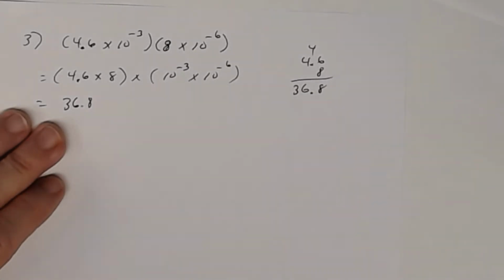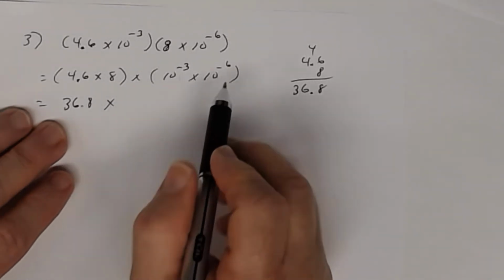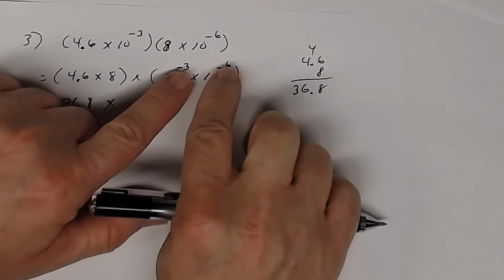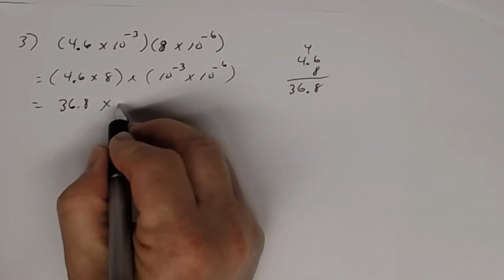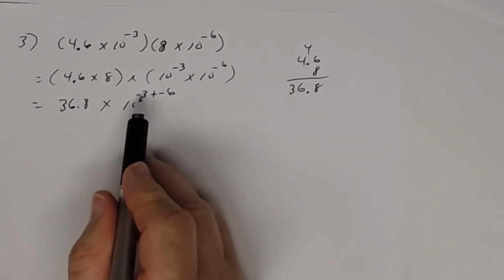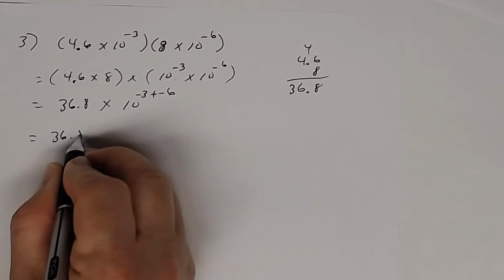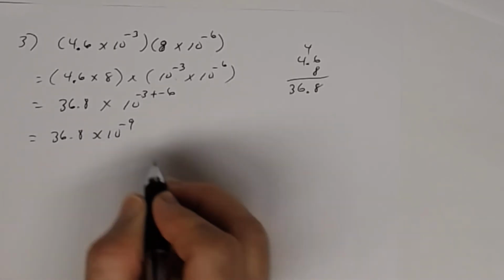So I get 36.8 times, and remember the product rule, the bases are the same, so when you multiply like bases, you add exponents. So it'll be times 10 to the negative third plus the negative 6. A negative 3 and a negative 6 is a negative 9. So it becomes 36.8 times 10 to the negative 9.